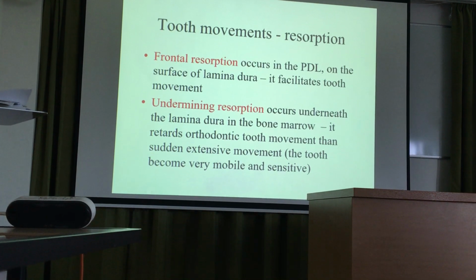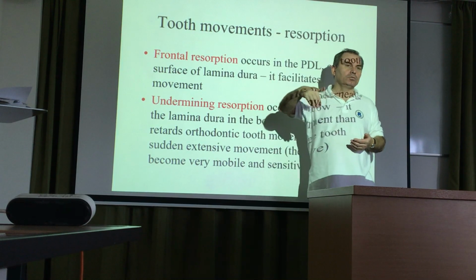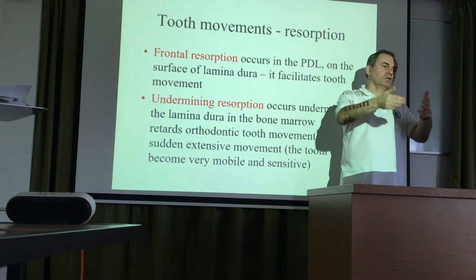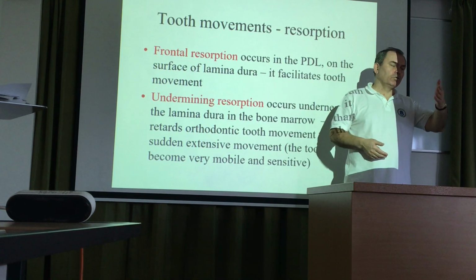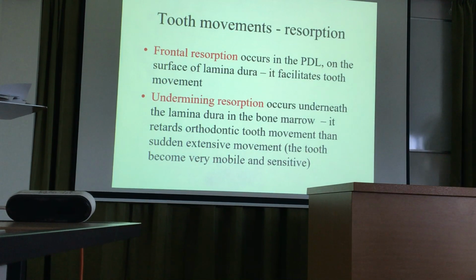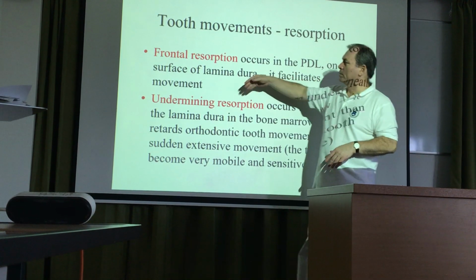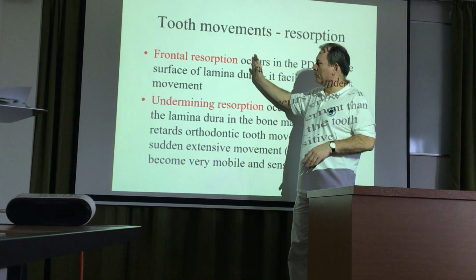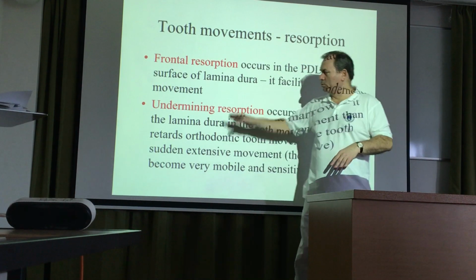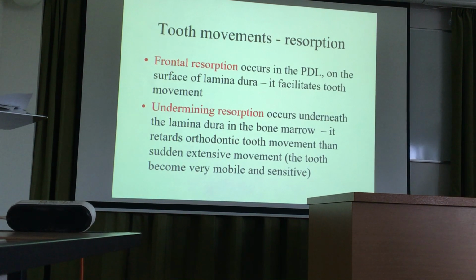So tooth movement is seen only when the frontal side of the lamina dura is resorbed, and there is room, a place for the tooth to move to, the area from where the bone is resorbed away. But in undermining resorption, the frontal side of the lamina dura facing the root is not changed. So no movement is seen in this case.